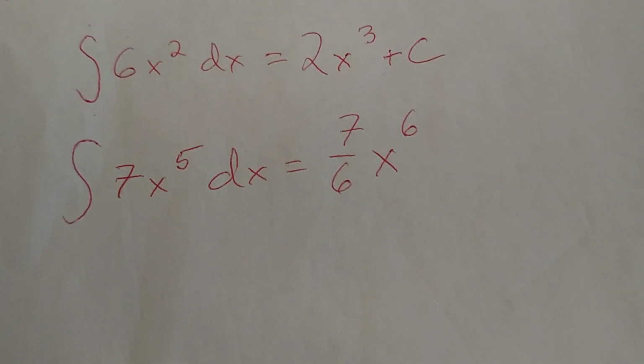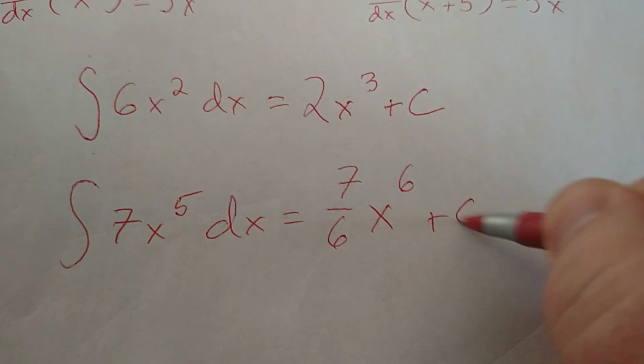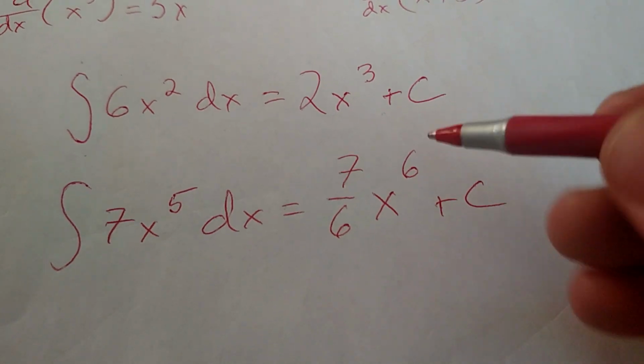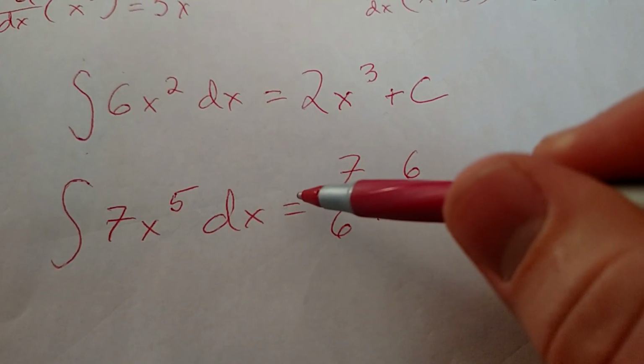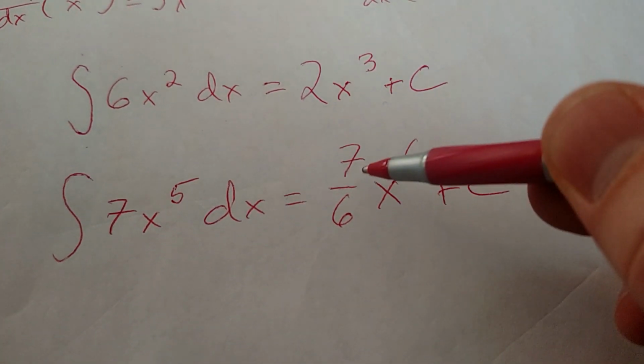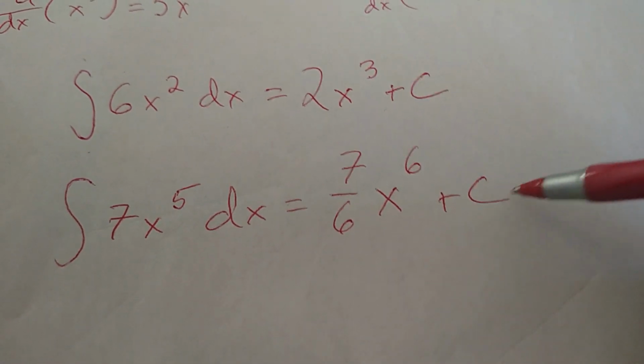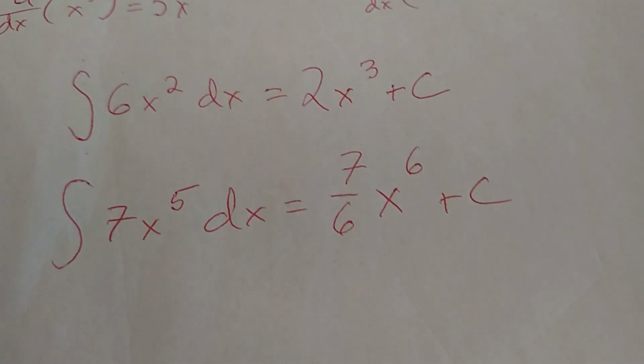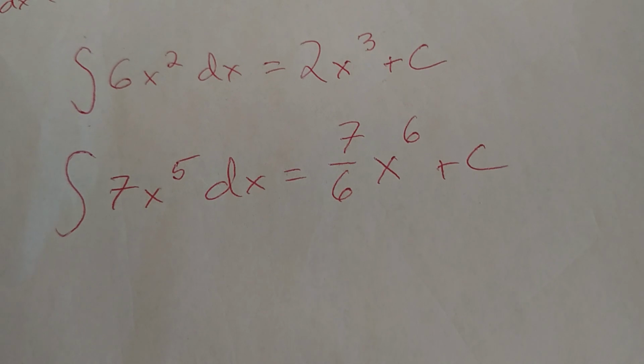And I get 7 over 6 x to the 6th plus c. Now, if I do the derivative here, when I multiply the 6 out front, the 6's will cancel, and I'll be left with 7x to the 5th. The plus c accounts for the constants.